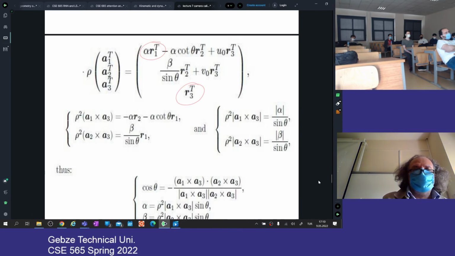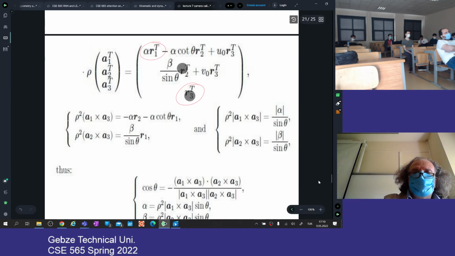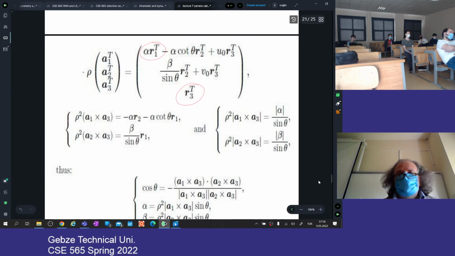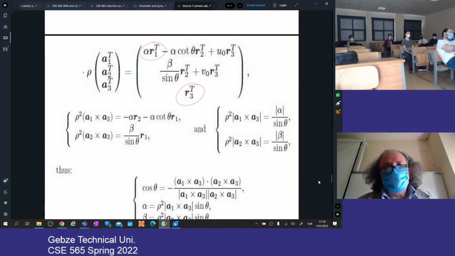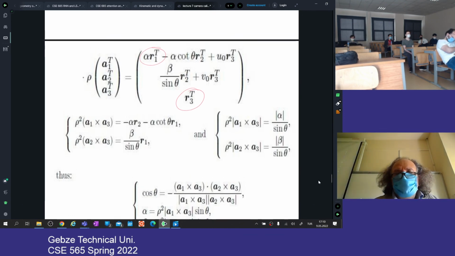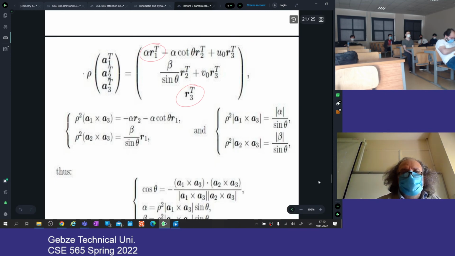So cross product of these two vectors is going to give me this. Cross product of these two vectors, this will be 0, this will be R3, R2 is going to give me R1, R1 beta over sine theta. And if I take the absolute value of this A1, A3, so take the square of it and take this.